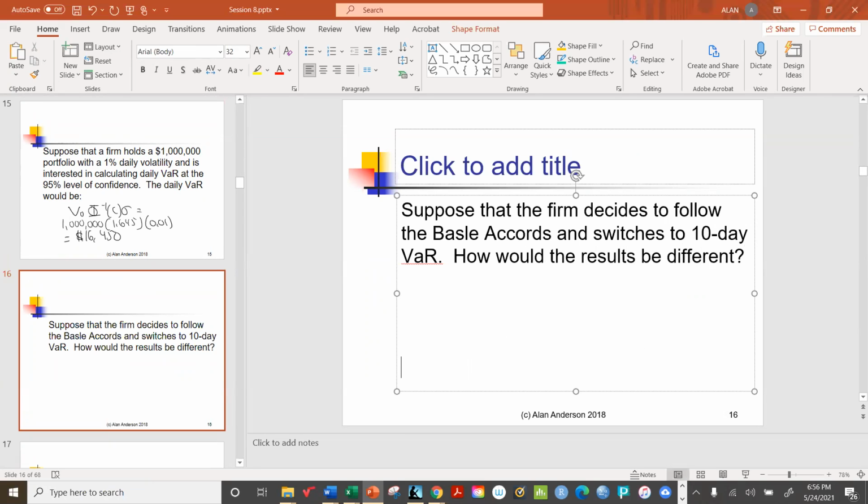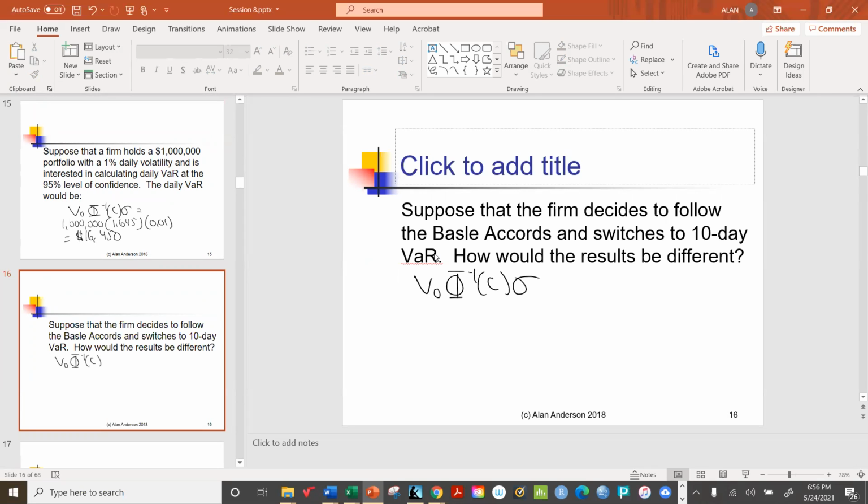Okay, so here's what would be different. You'd have the same formula. The difference would be felt in this standard deviation. What you would do is multiply sigma by radical 10 to turn it into a 10-day volatility.